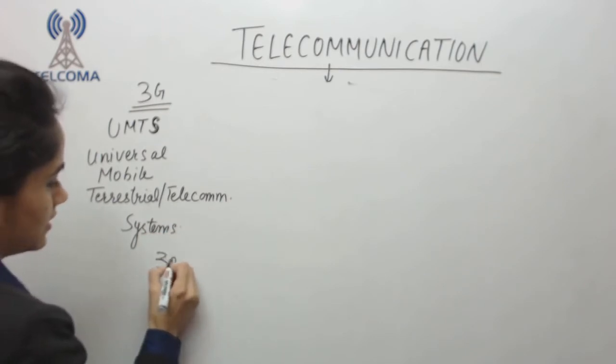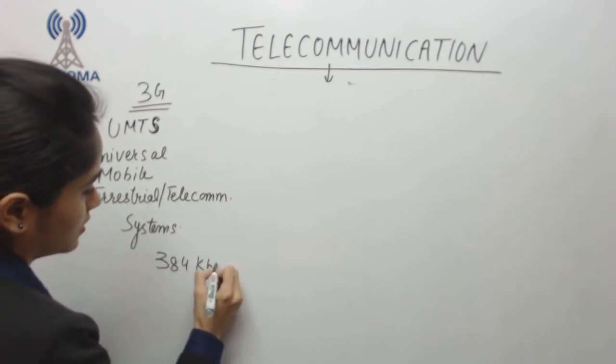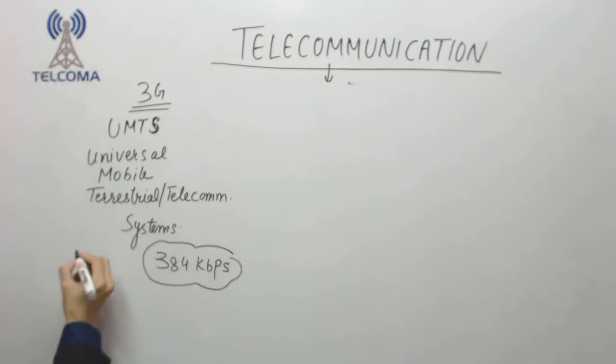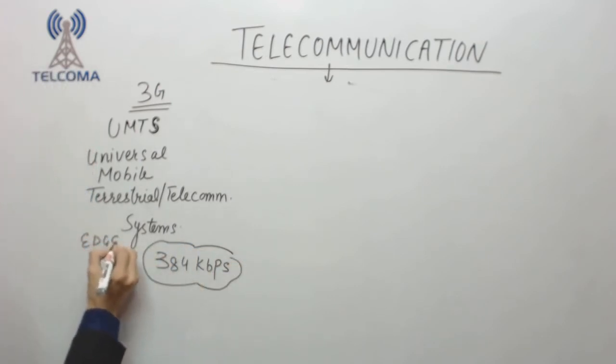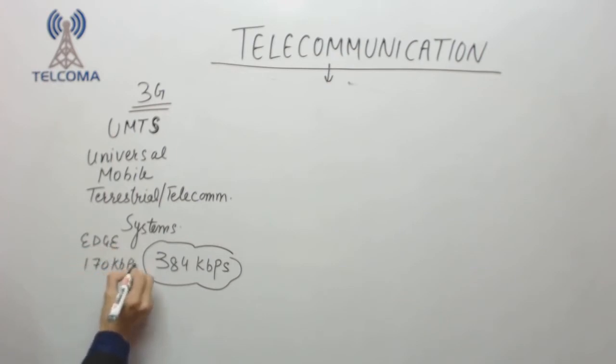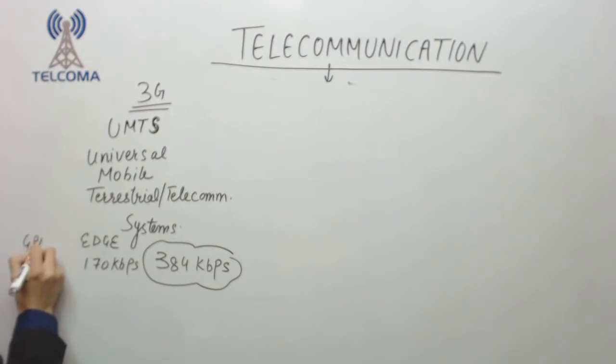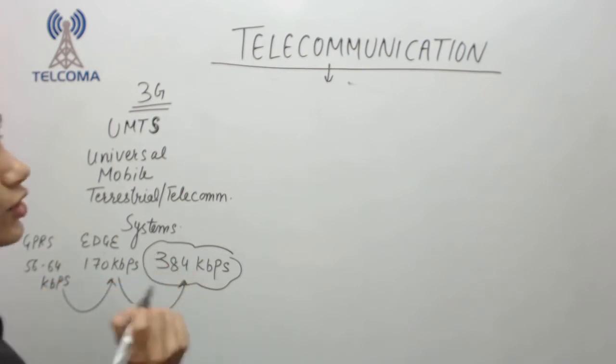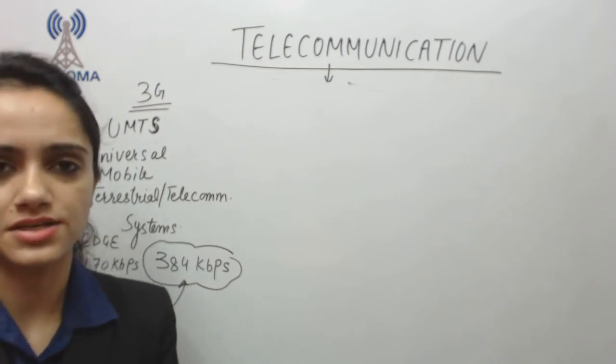UMTS gives us a data rate of 384 kbps, whereas earlier for EDGE we have around 170 kbps, and for GPRS we have 56 to 64 kbps. That means now we can see an increase in data rate, which is what we require in our new generations.